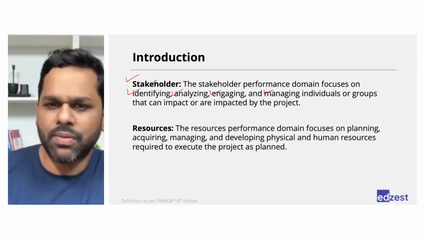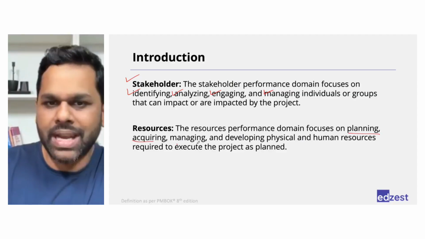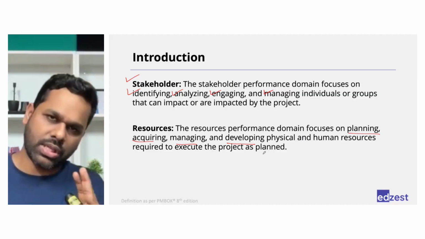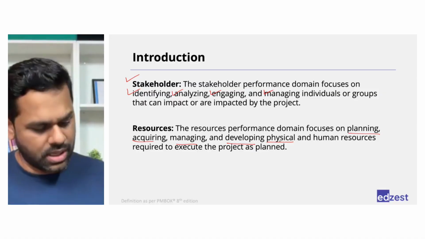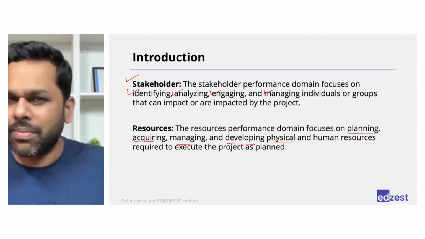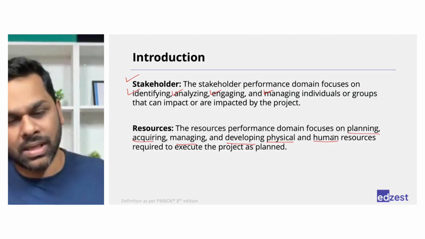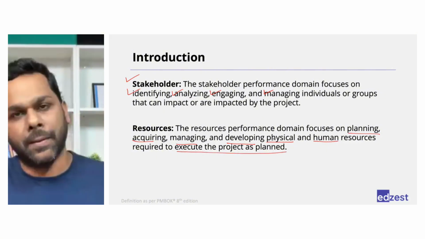The second, resource performance domain, focuses on planning, acquiring, managing, and developing the resources. And whenever you talk about resources, you should think about two things. One is physical resources, the computers, laptops, machinery, equipment that you will need in the project, and the other is human resources, the team members who can execute the project as per the plan.